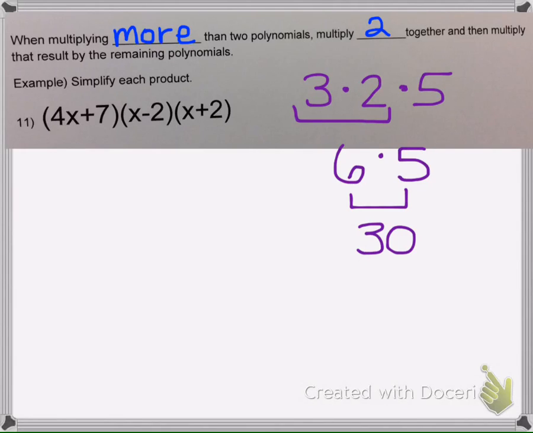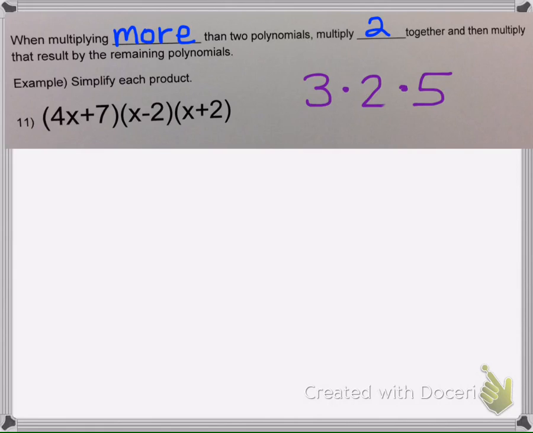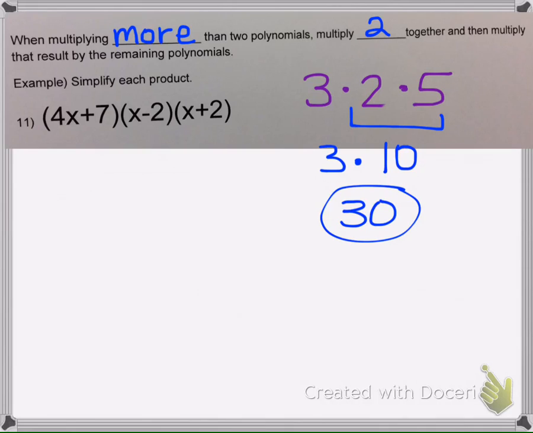We multiply two of them together, and then we get that answer and multiply it to the third. Now we could do it in any order we want. Just like here, instead, I could have done 2 times 5 is 10, and then times 3, and you would still get that 30. So the order when you're multiplying, in this case binomials, does not matter.